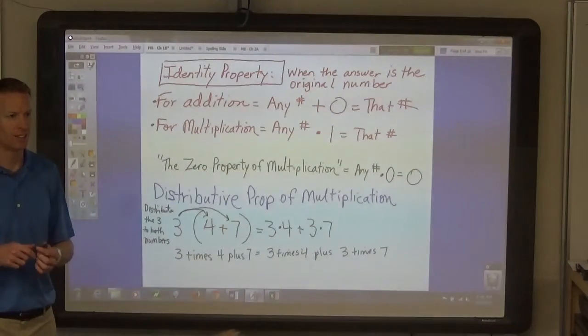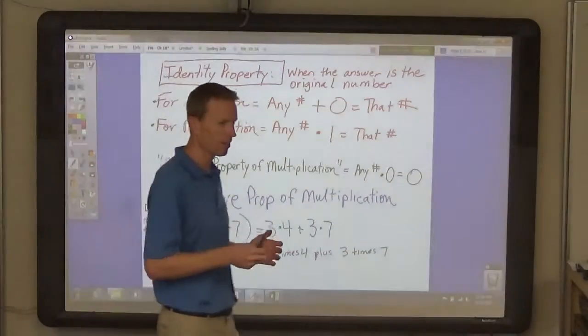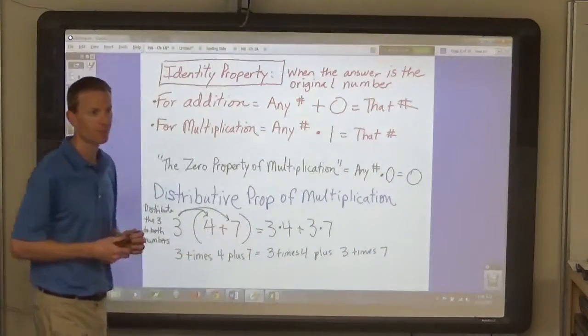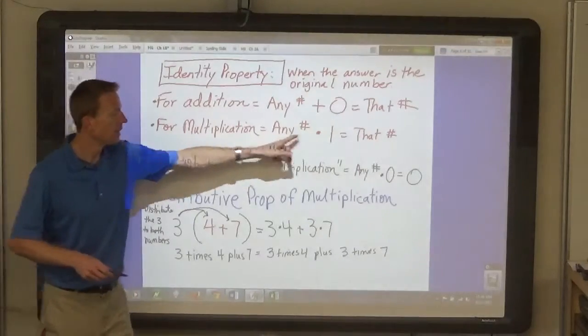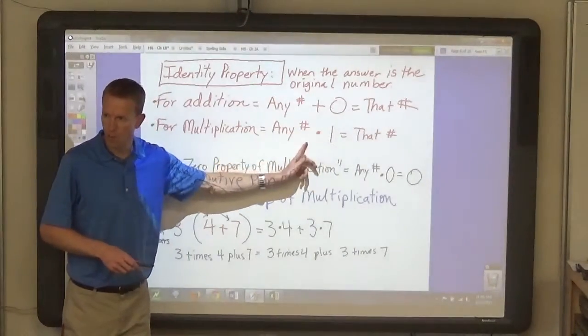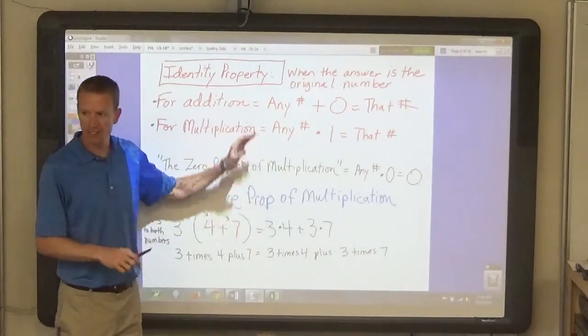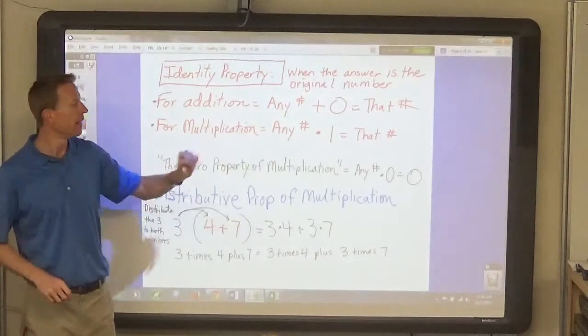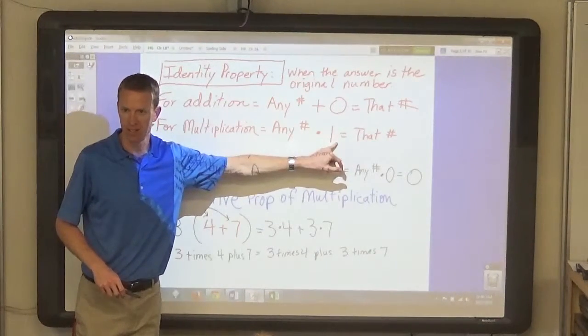What can you multiply by to get the same number you're starting with? 1. By 1. So the multiplication identity property is when you multiply by 1. If you add 0, it's the identity property. If you multiply by 1, it's the identity property. Okay?